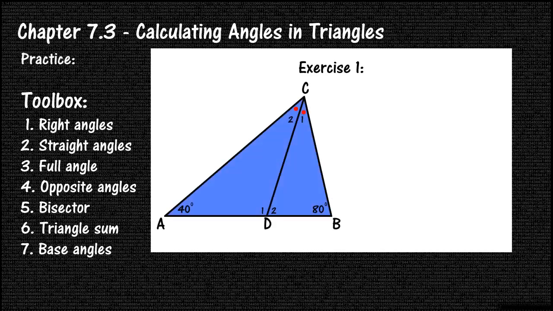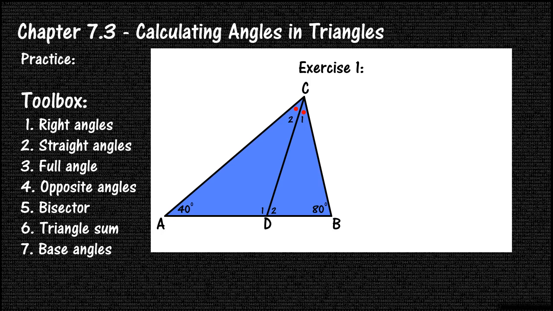This here is triangle ABC with angle A equal to 40 degrees, angle B equal to 80 degrees, and CD being the bisector of angle C. With the use of our toolbox, we can calculate angles C1 and D2. Sometimes it can be tricky to figure out where to start. My advice, start by finding triangles and use the triangle sum, because triangles are the easiest to find.